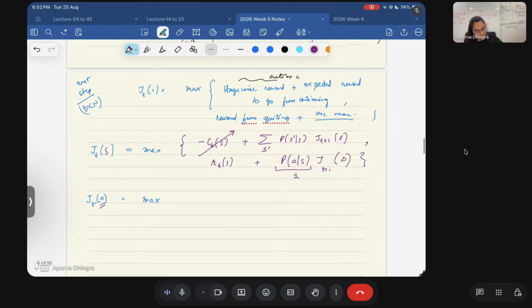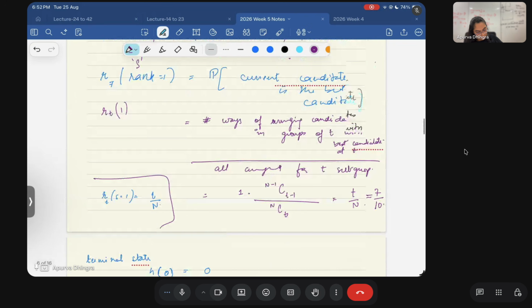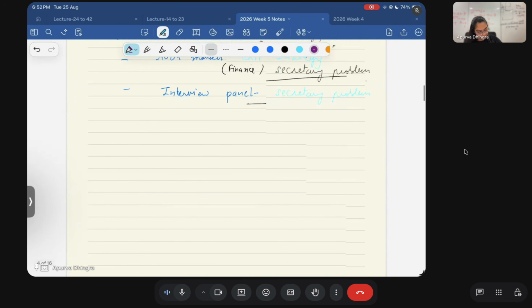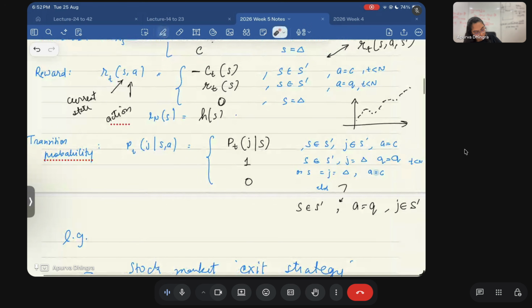Why is it 1? Because we are talking about this scenario, choosing the action to quit, going from state s dash to the delta state. If that is the case, then the probability of that happening is just 1.